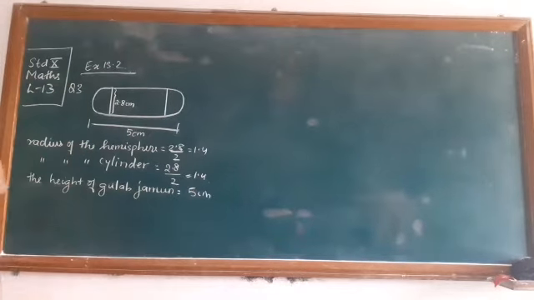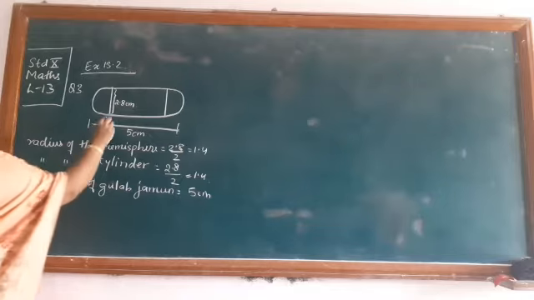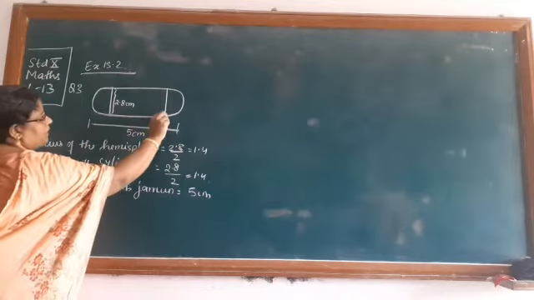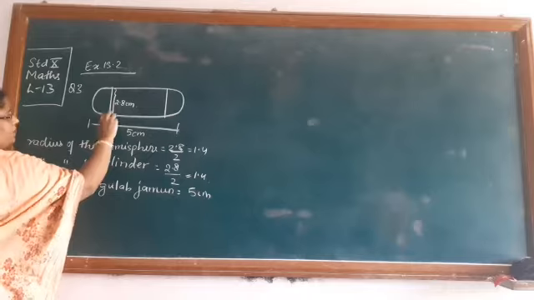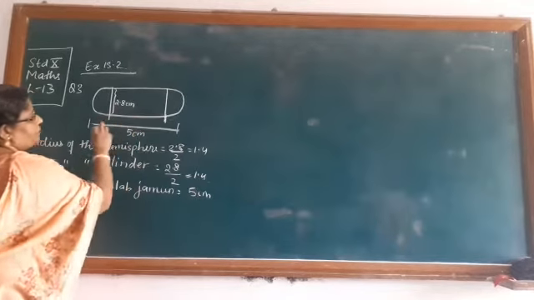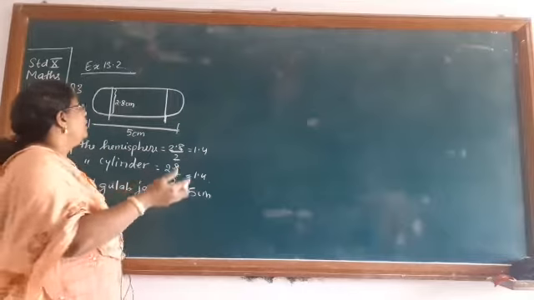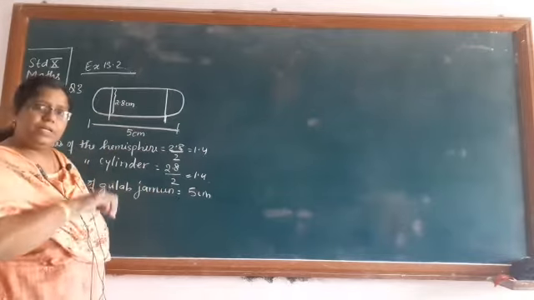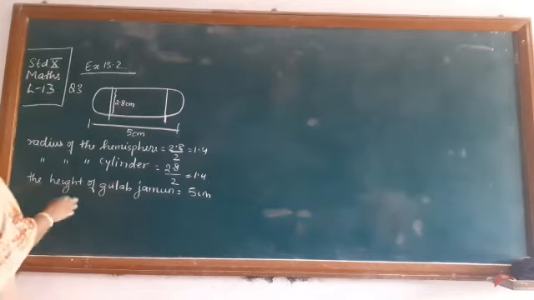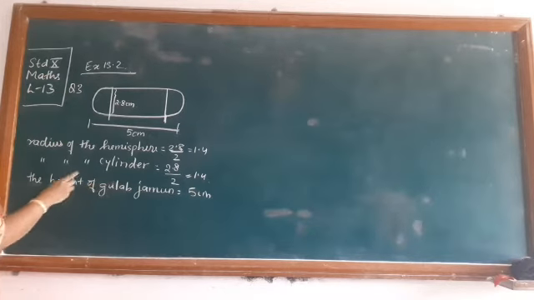So, what will be the height of the cylinder? That we can find out, because if we want to find the volume of the total gulab jamun, it will be 2 times the volume of the hemisphere plus the volume of the cylinder. The total height of the gulab jamun is 5 centimeter.